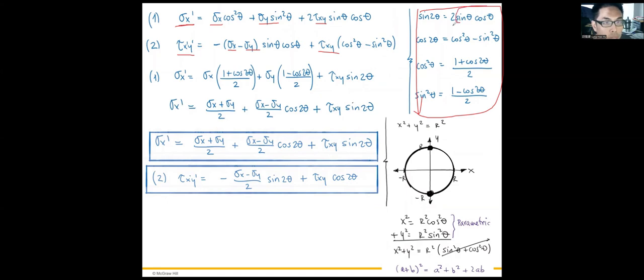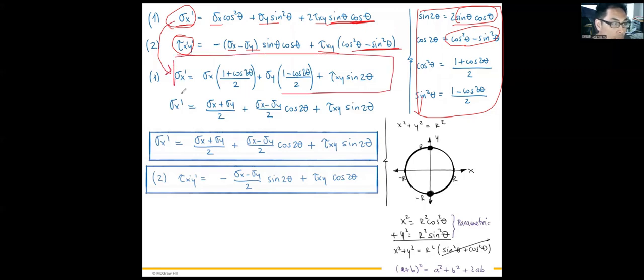So we can plug here to here, and here we can plug here, here. So we can rearrange sigma x prime and tau x prime y prime. We can convert sigma x prime in terms of sigma x, sigma y, and tau xy.